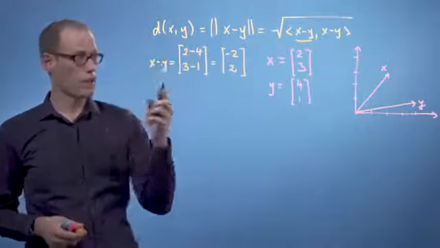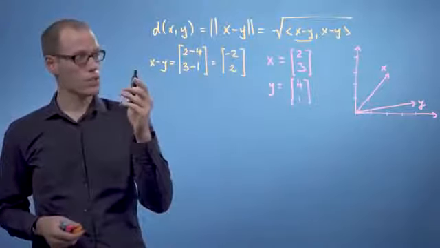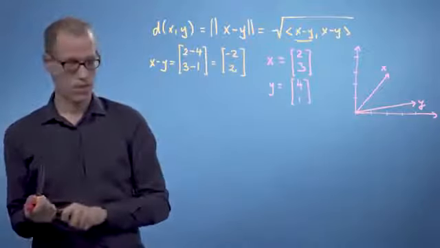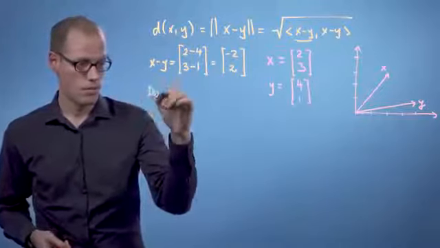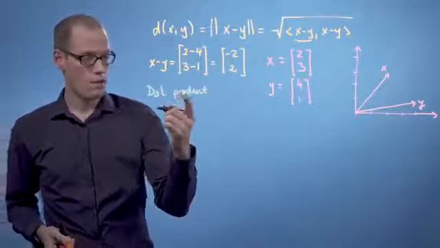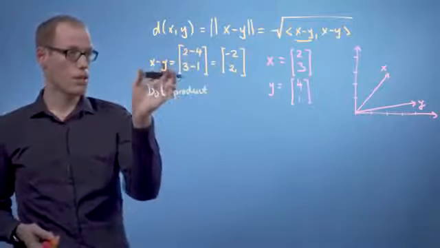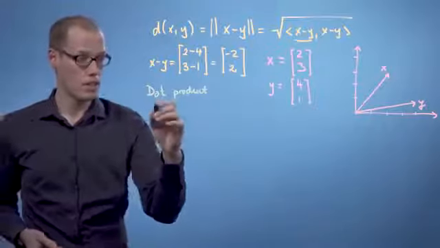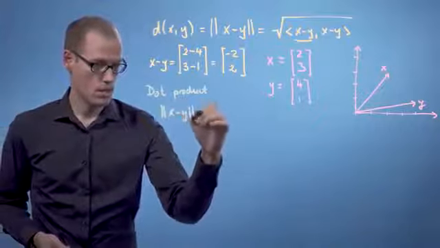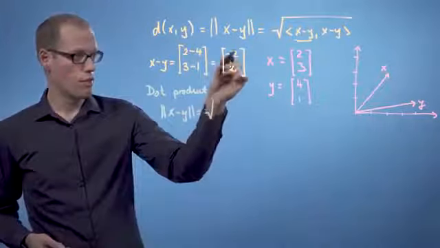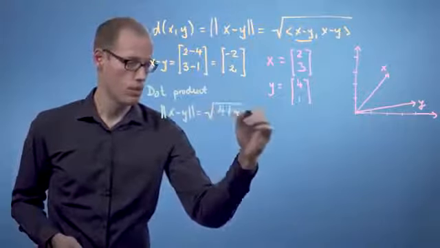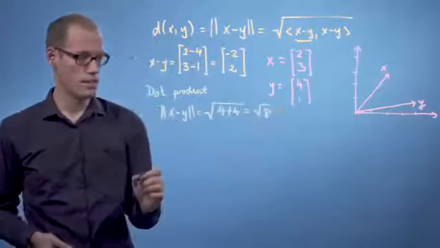So now we can define inner products. And let's now use the dot product as our first example. If we use the dot product to compute the length of this difference vector, we will get the square root of the first component squared plus the second component squared, which is 4 plus 4, and that's the square root of 8.